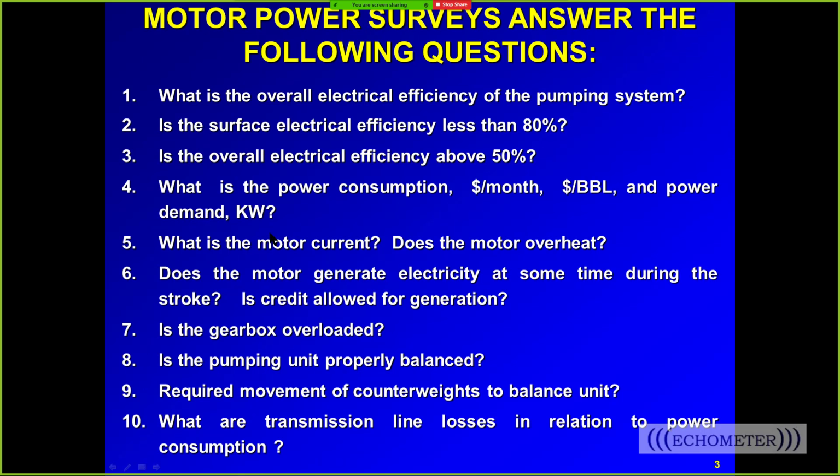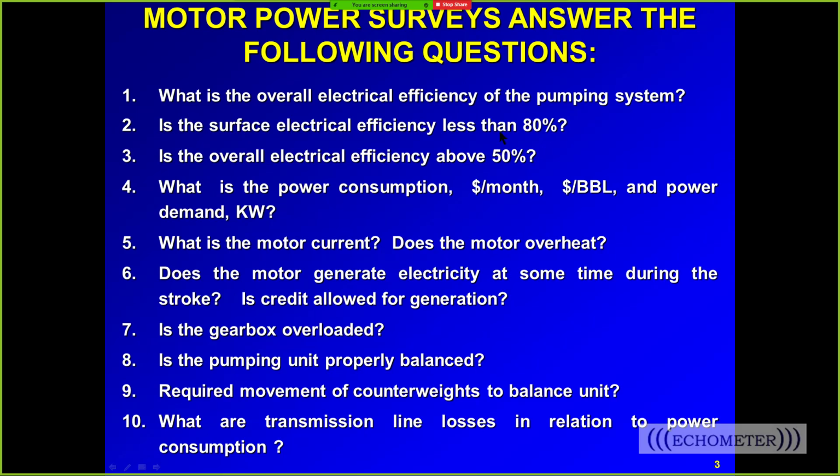When you go to a well and you collect amps or current, kW, and volts, you can use that information to understand the overall efficiency of the pumping system. When you compare the input power to the polished rod horsepower, then usually you have about 20% losses unless there is a problem at the well or in the surface equipment.